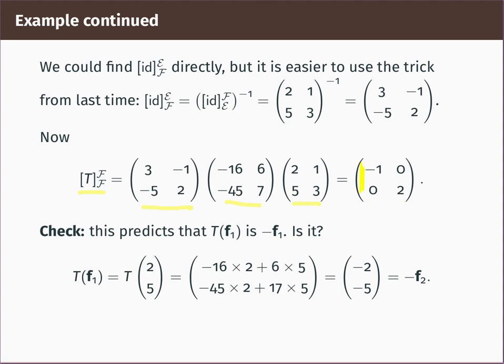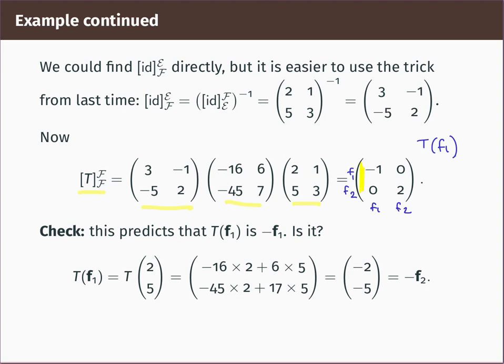This first column is supposed to tell you how to express T of F1 in terms of F1 and F2. So you'll remember we can label the rows by F1 and F2 and the columns by F1 and F2. And the first column is telling us how to express T of F1 in terms of F1 and F2.